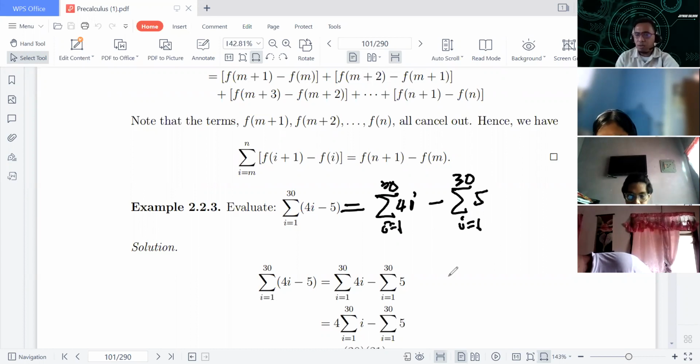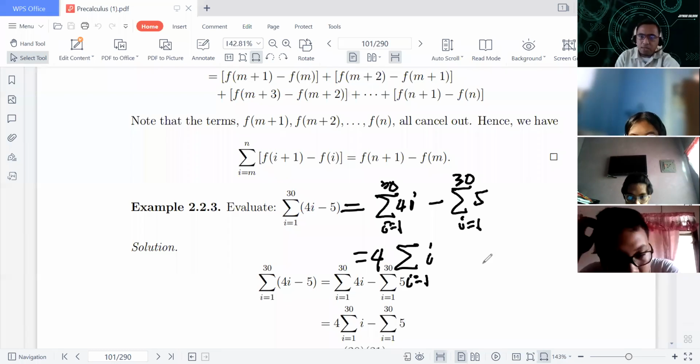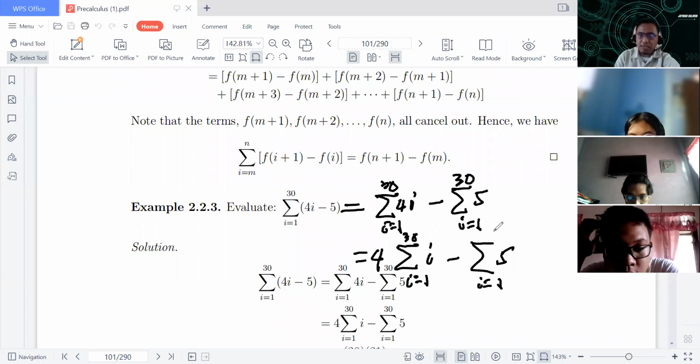Next, class, is the constant. I mentioned earlier that you can set aside the constant. So it can be written as 4 times the summation of i, where i ranges from 1 until 30, minus the summation of 5, where i ranges from 1 until 30.